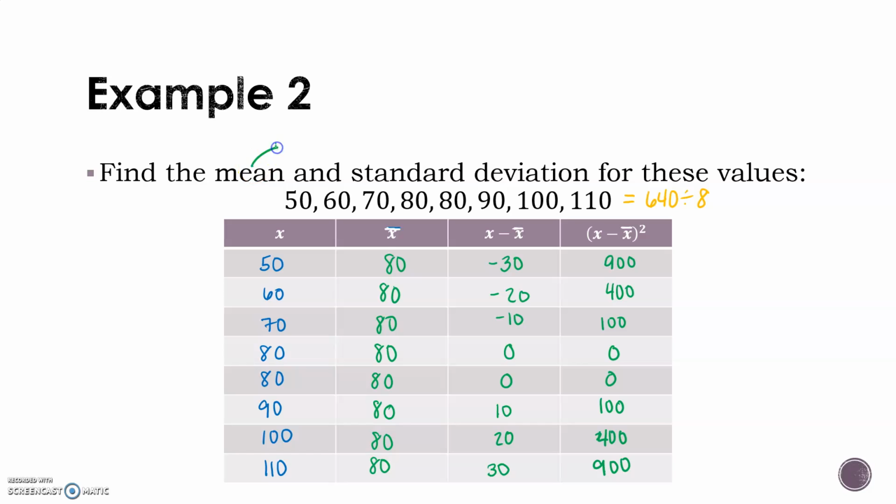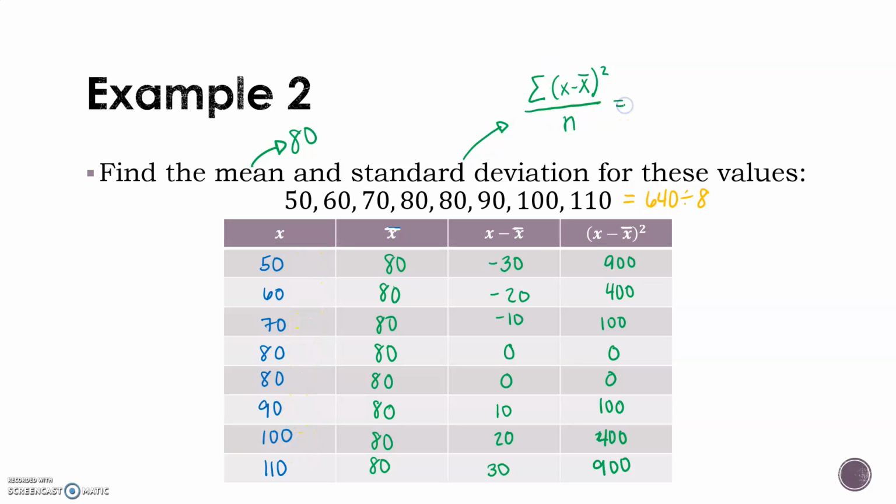So we took care of the first part already, and we're almost done with the second part. The mean is 80. Now for the standard deviation, what we're going to do is take the sum of all of these and divide it by how many terms there are: 1, 2, 3, 4, 5, 6, 7, 8.